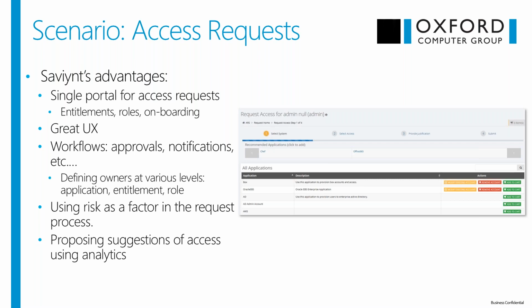We have recommended applications, and that's all based upon their peer groups. The peer groups are usually defined by departments and positions. You get to define it in your organization, so it's a configuration item within Saviynt. Risk can also be a factor during the request process using Saviynt.